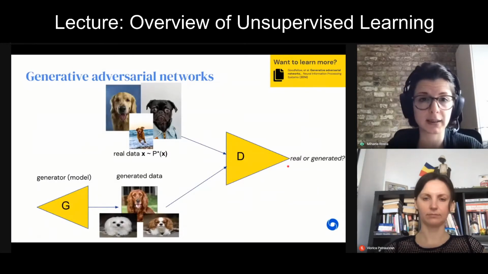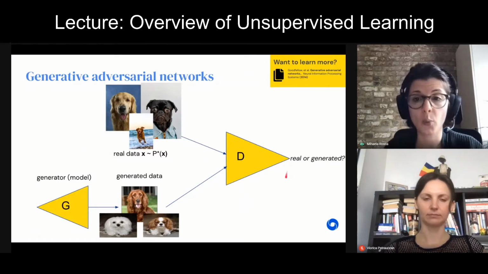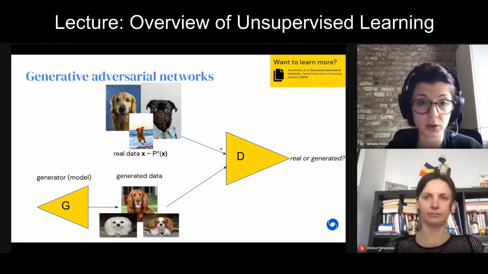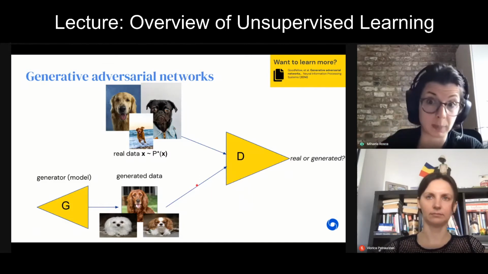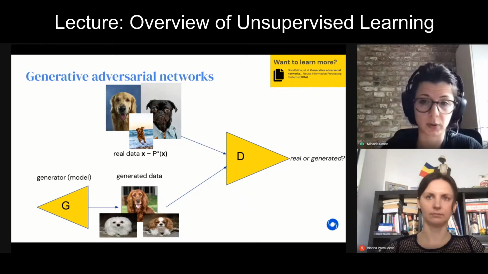And if we look a bit more concretely at what these models, which are often called generative adversarial networks, do, we can look at the following scheme. We have our discriminator. We train that to answer the question, is this real or is this generated? So we train that really well. We, let's say, do multiple updates to distinguish between them.